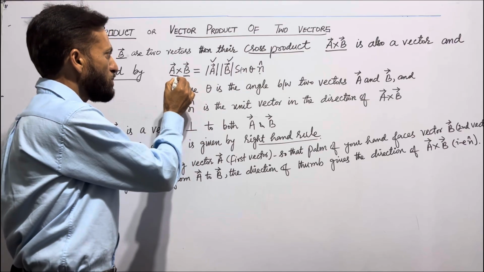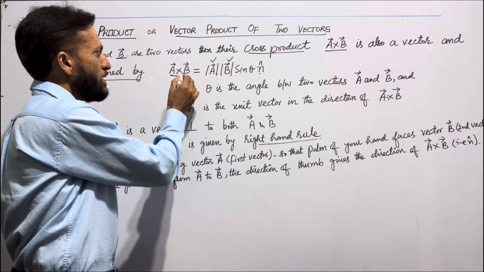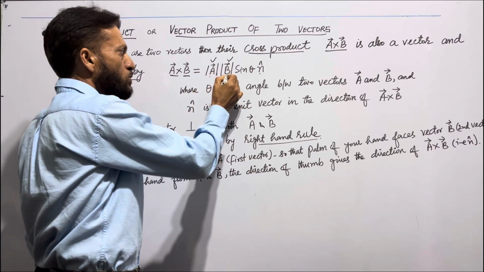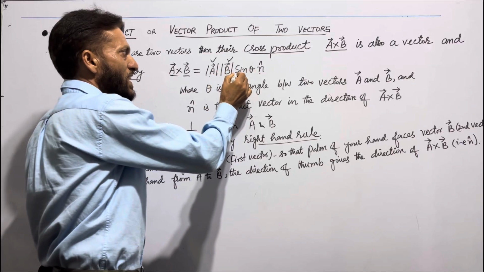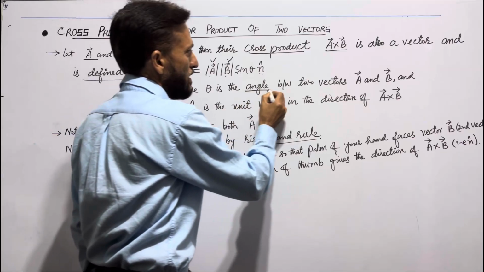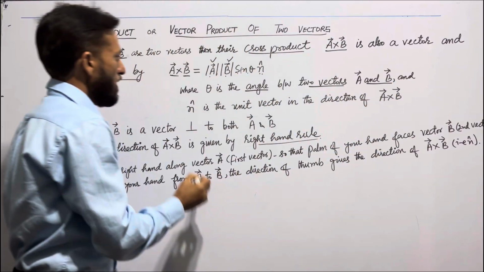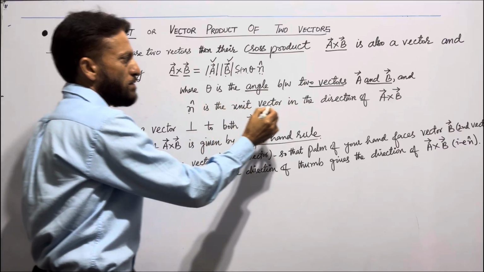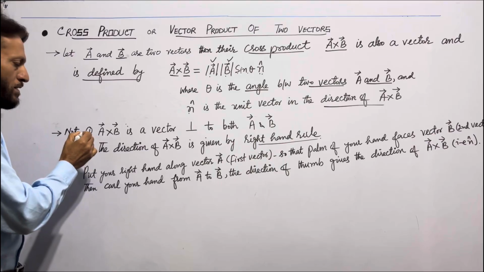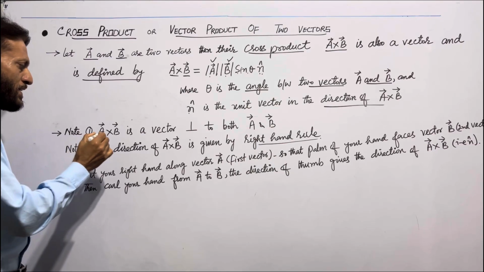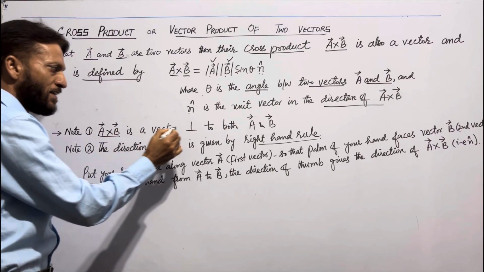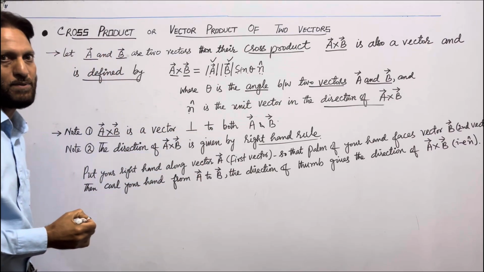That is, cross product of two vectors A and B is equal to magnitude of A multiplied by magnitude of B multiplied by sine theta and unit vector n, where theta is the angle between two vectors A and B and n cap is the unit vector in the direction of A cross B. My dear students, note that A cross B is also a vector which is perpendicular to both A and B.